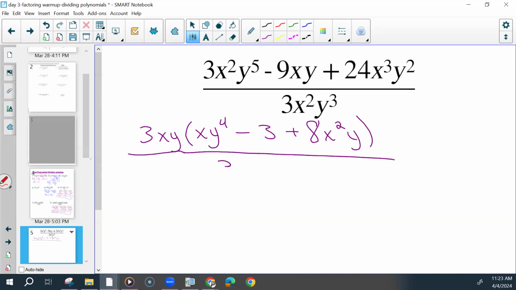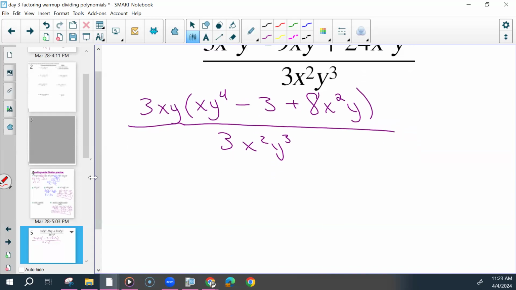All over your 3x squared y cubed. Usually when we factor out the GCF, whatever we factored out and the denominator are the same. If you were to factor out the GCF and you see that they're not the same, this would be a good place to, in general, stop, erase, start over and separate. Or if you like what we're about to do, continue with this.